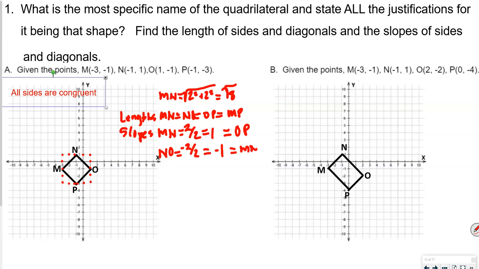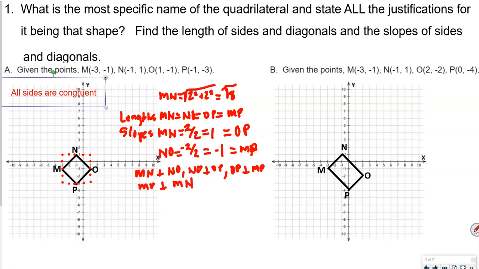So now, sorry, MP. So now we can say that MN is perpendicular to what's next to it, NO, and NO is perpendicular to OP, and OP is perpendicular to MP, and then we can say MP is perpendicular to MN.